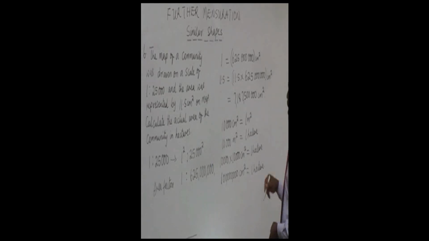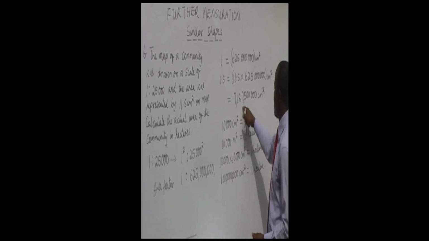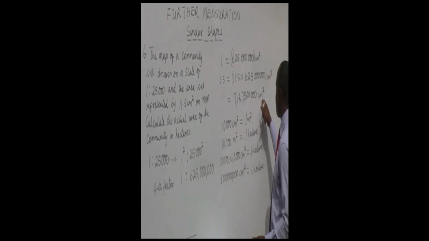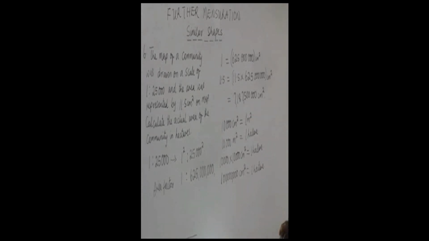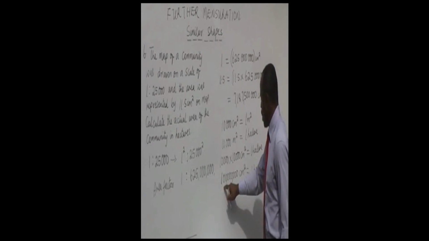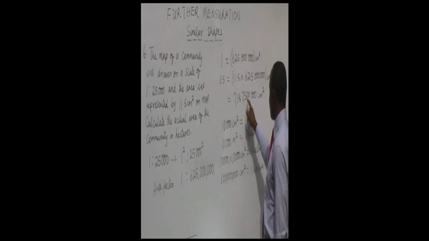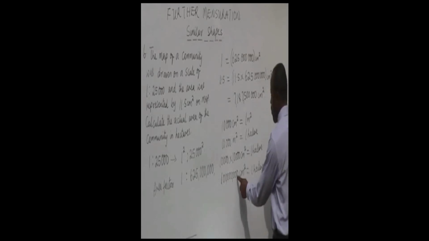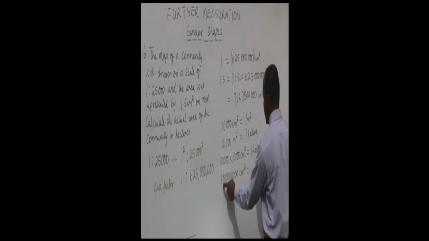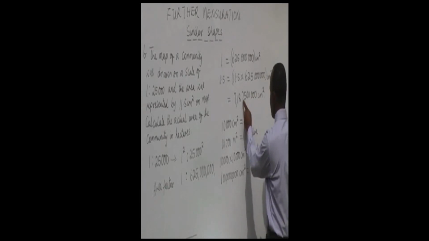Therefore, 7,187,500,000 cm squared, just use 100 million to divide this. It will give you the number in hectares. Just divide, reducing the 8 zeros.